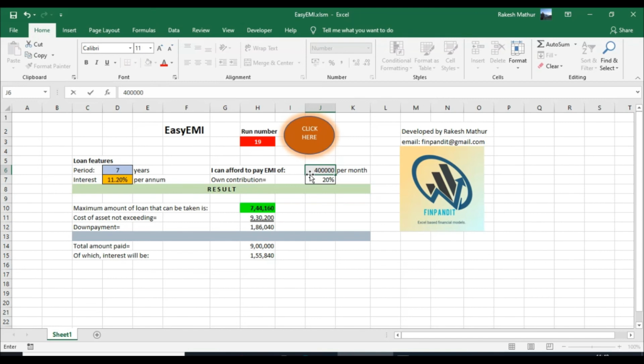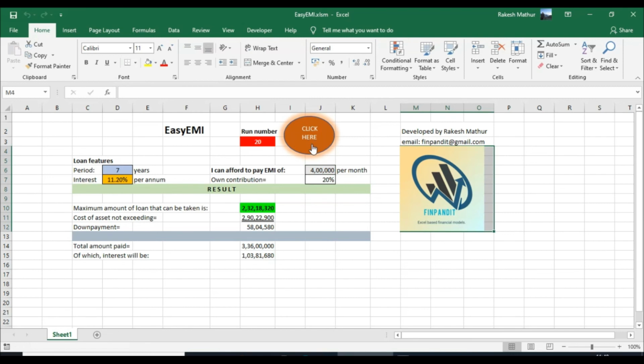So what can be the cost of machinery which you can opt for? Here it is. The cost of asset should not exceed 2.9 crores, because the loan that you will be able to afford at this cash flow of 4 lakhs rupees per month is 2 crores and 32 lakhs.